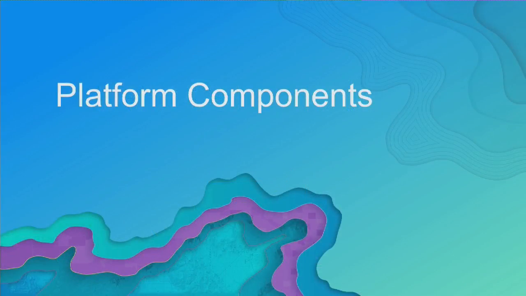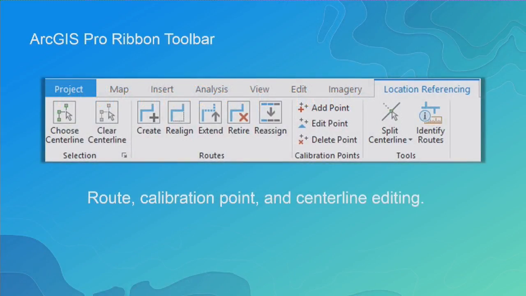I've already talked about the platform components, but just wanted to go over that one more time. This is a ribbon toolbar in ArcGIS Pro. This is what the users will be using to do the route editing activities, such as realignment, extension, retirement. Those are all the route editing activities.